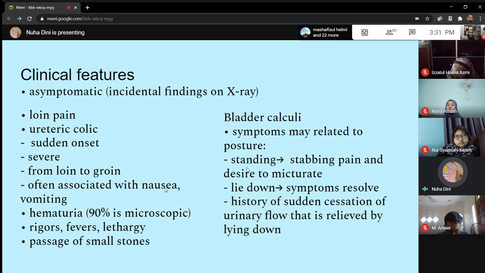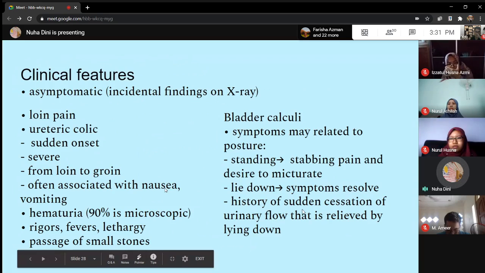When the patient stands, the patient will have stabbing pain and desire to micturate. This is because as the patient stands, the stone moves to the bladder trigone in the neck. When the patient lies down, the symptoms resolve because the stone rolls back into the other parts of the bladder.